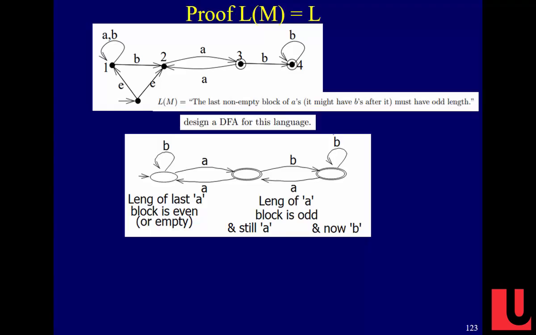Here, the last block of A's, here, it does end in A's, right? Does it end in A's? Yeah, here. Oh, yeah. So in both of these, the last block of A's is odd. In these, we're still in the A block, and here we're doing B's.